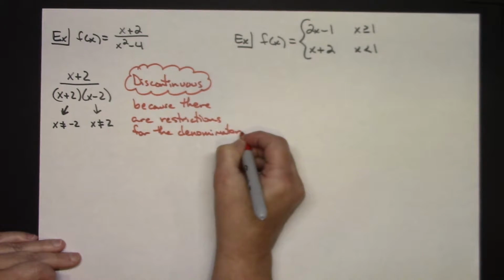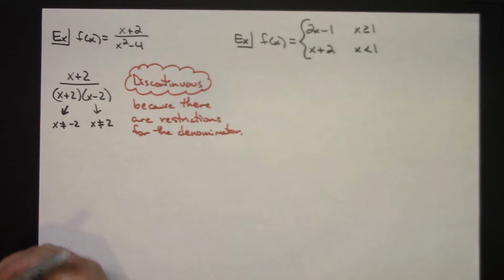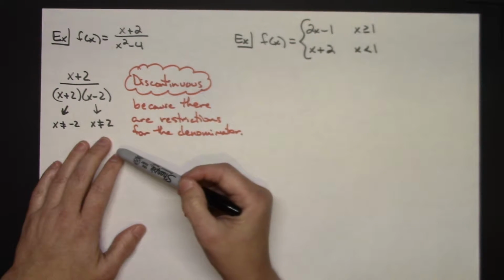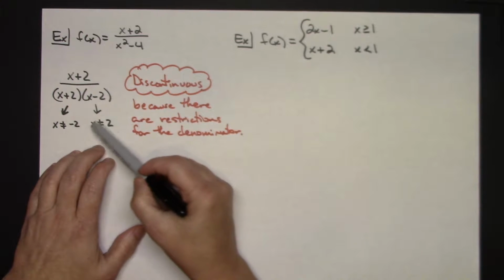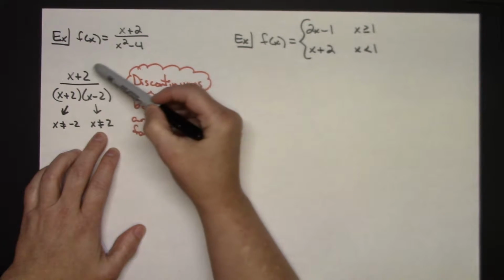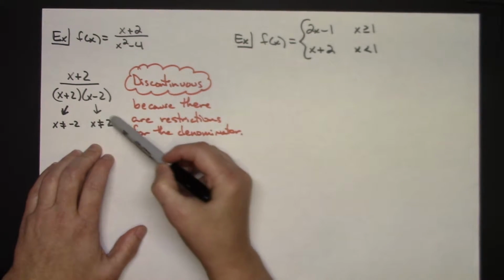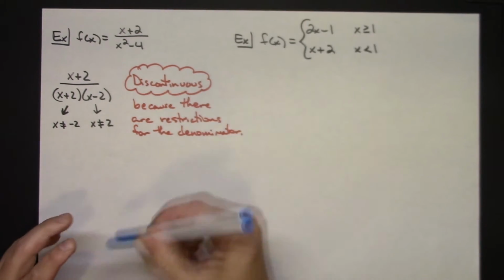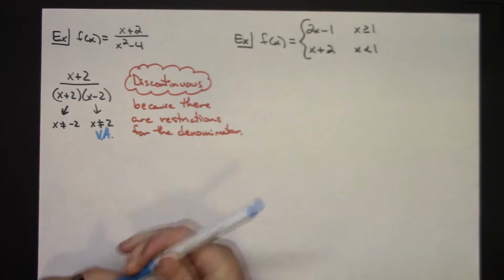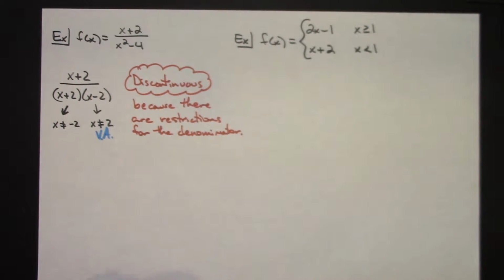Okay, and then let's go through and analyze just a little bit more what's going on here. Could any of these be vertical asymptotes? Let's take this 2 right here. If I take 2 and plug it back into the numerator, I get 2 plus 2, which is 4. That tells me at x equals 2, I've got a vertical asymptote going on, and that's what's causing that discontinuity.